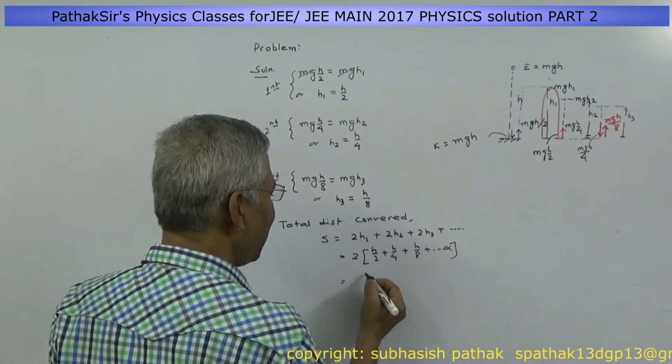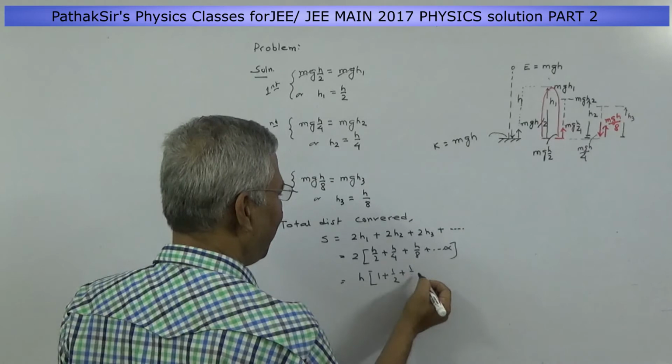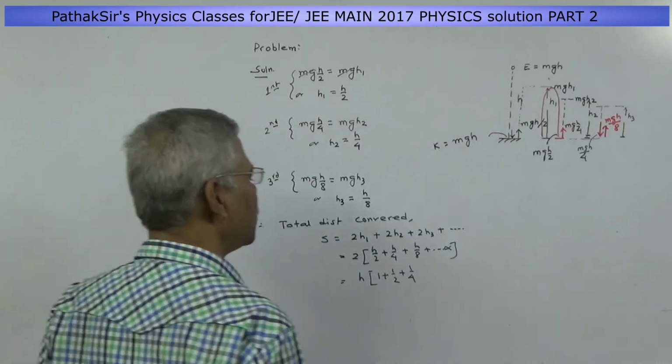Taking h common: h into 1 plus half plus 1/4.